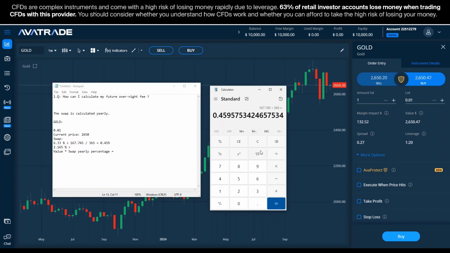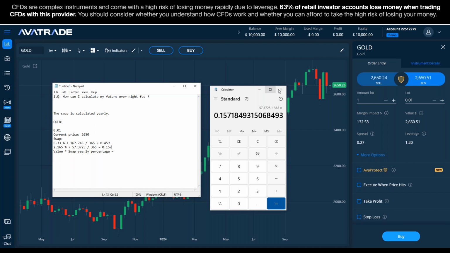Okay, and if I would go for the sell, that would have been times 2.165%. Okay, that is 57.325. And if I will divide this by 365, then I get a little more than 10 cents per day for 1 unit.